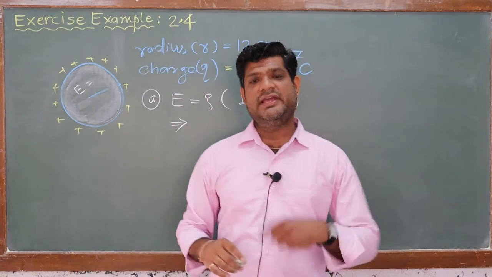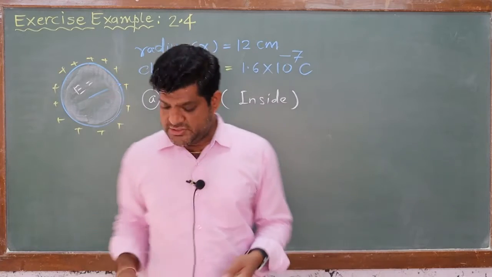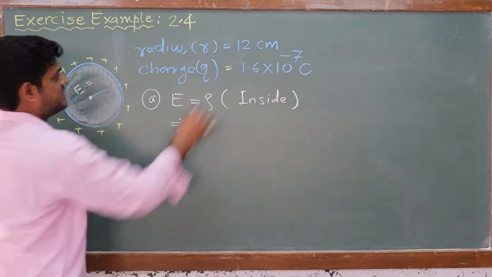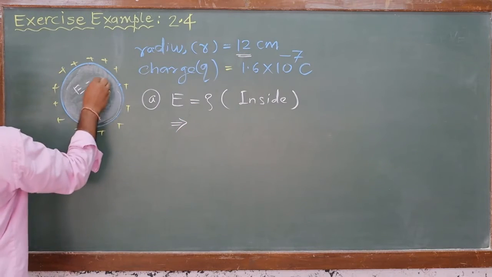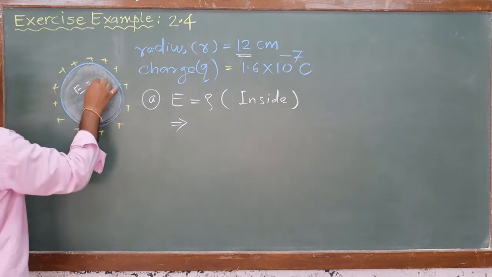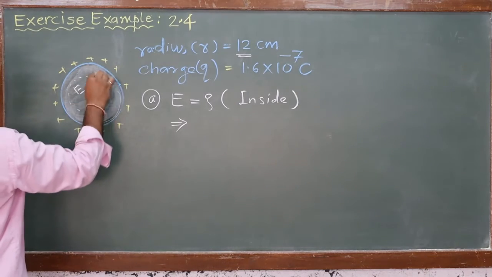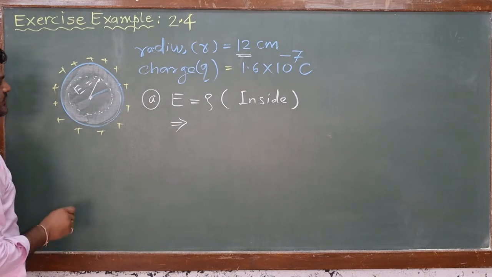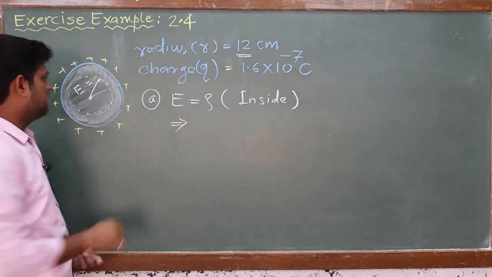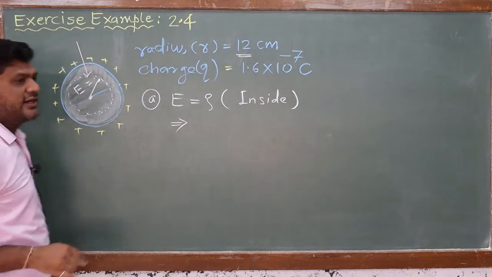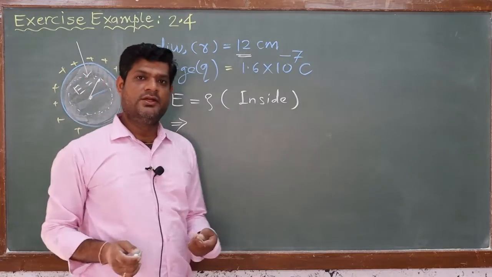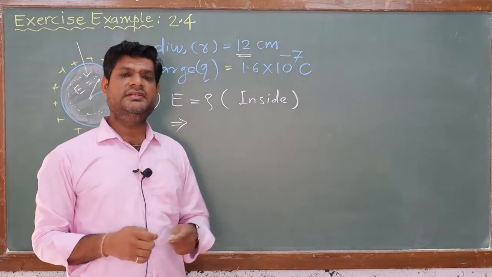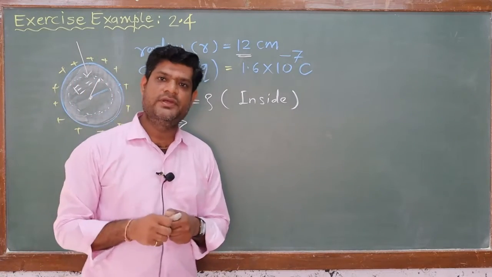As per Gauss law, suppose the radius is 12 centimeter, and suppose at a distance 10 centimeter we want to find the electric field inside. Suppose this is the Gaussian surface. This dotted line indicates the Gaussian surface. Here the Gaussian surface does not enclose any charge. That's why electric field inside the Gaussian surface will be 0.